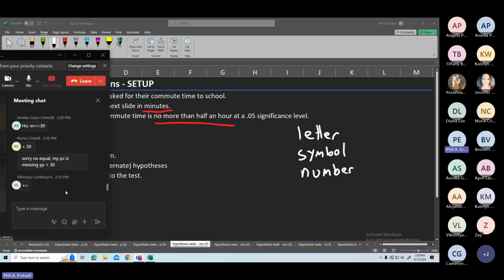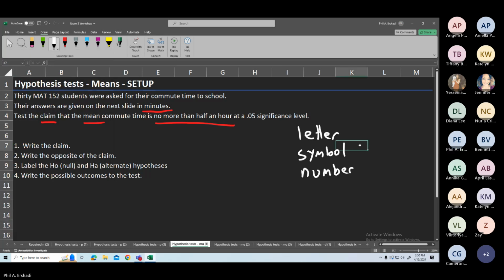Oh, I got you. I see what you mean. Yes, you're right in saying it's less than or equal to 30, right? So you're right about the symbol. The symbol is going to be less than or equal. You're right about the 30 because that's the same as half an hour. The letter we're going to use is going to be mu anytime we do means. And then that is going to be the null.